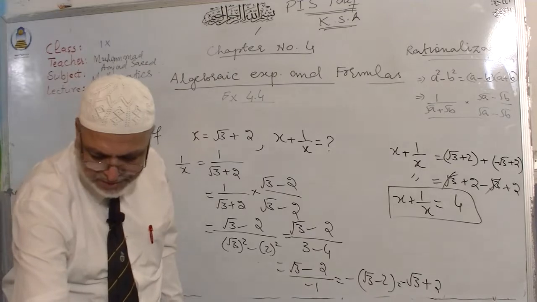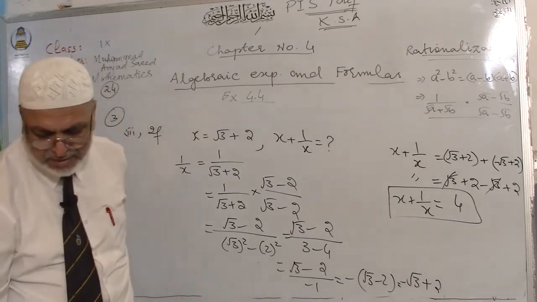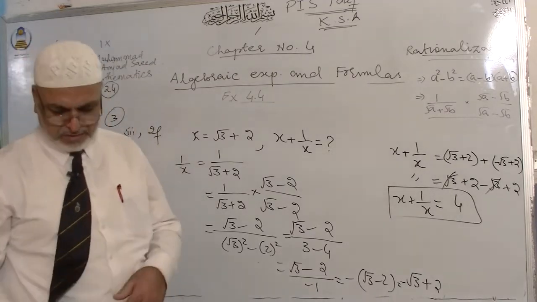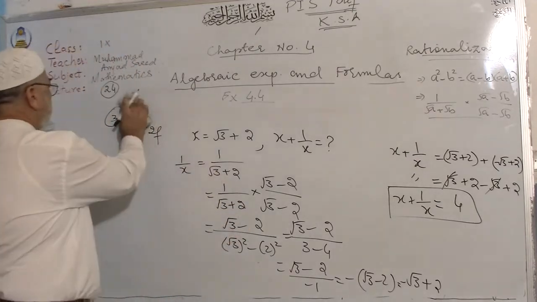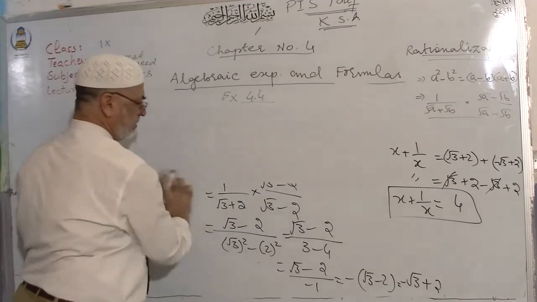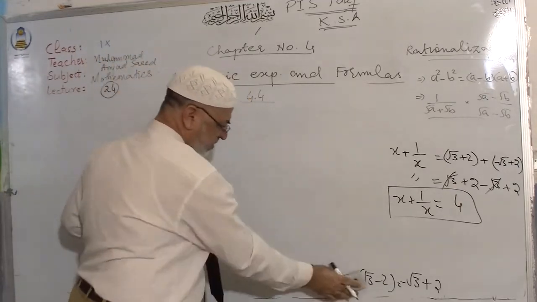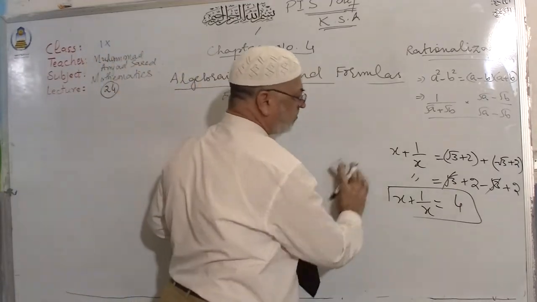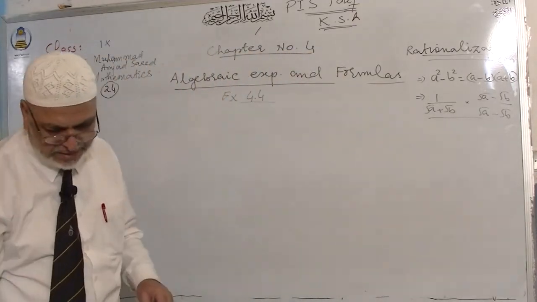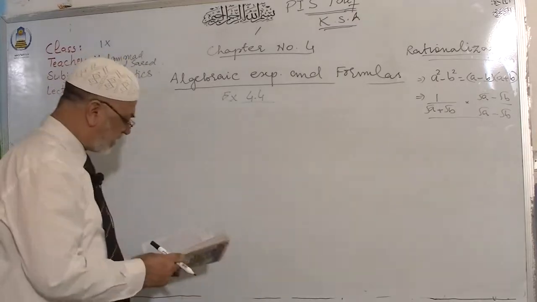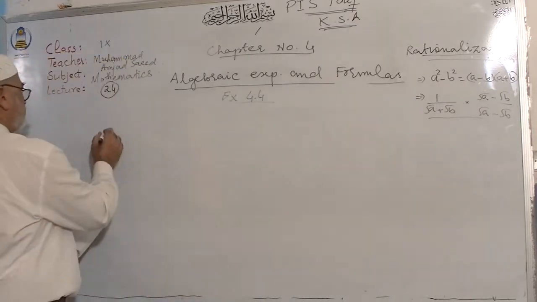After that, we have question number 4. Question number 4 is similar. You have to make rationalization in the denominator and then simplify.